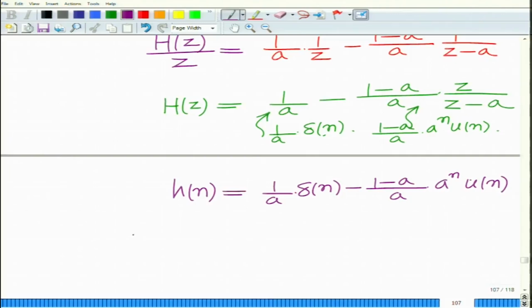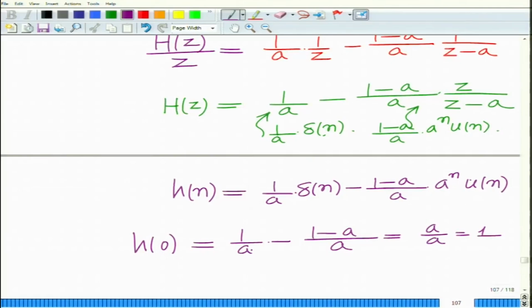Okay. Now, let us evaluate h(0). h(0) is basically, delta of 0 is 1, so 1 over a minus (1 minus a) over a, and a raised to 0 is 1. So this is basically simply a over a, which equals 1.